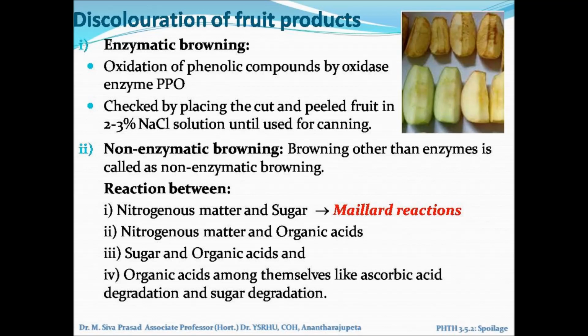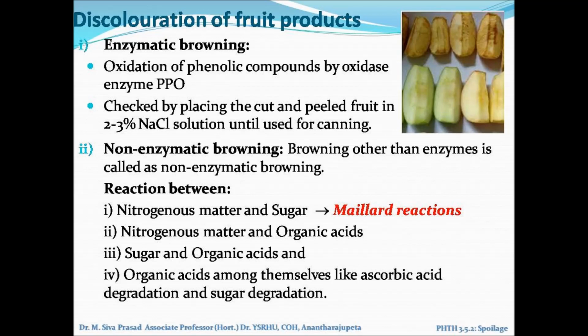There are chemical substances present in the foodstuff called phenolic compounds. When they are acted upon by the oxidase enzyme, polyphenol oxidase, upon contact with oxygen, it acts upon these phenolic compounds and causes formation of quinones, which is a brown pigment or brown coloration on the surface of the cut fruits.